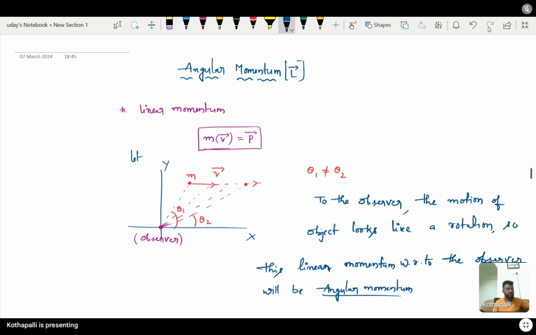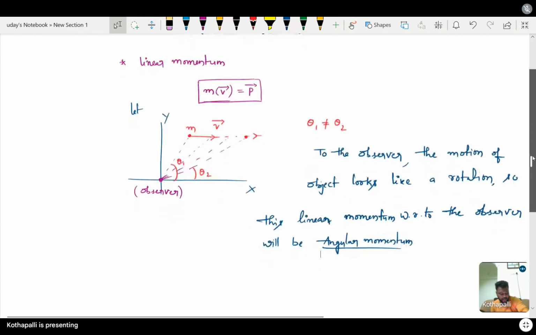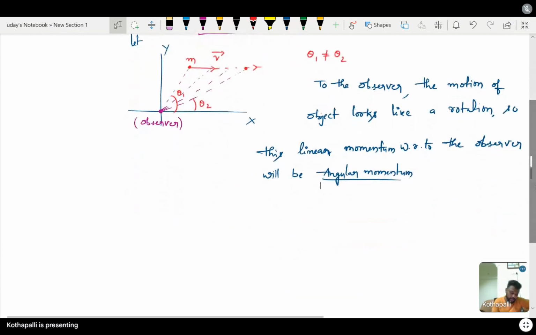Okay, so simply another name, what I said, is moment of momentum. I mean the rotational effect of linear momentum. Another name, what I said, it is moment of momentum. This is the technical definition.